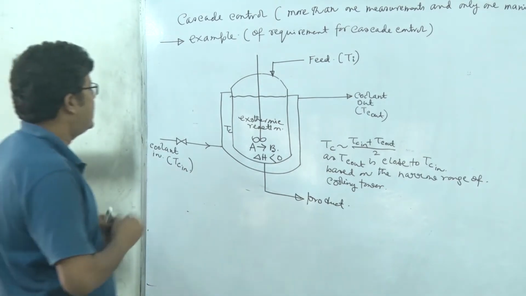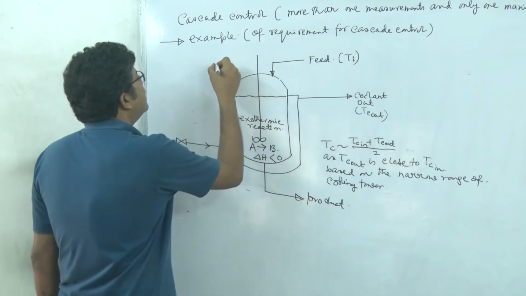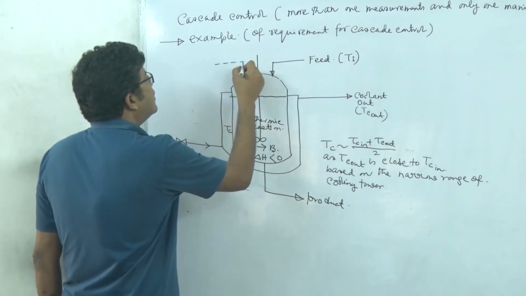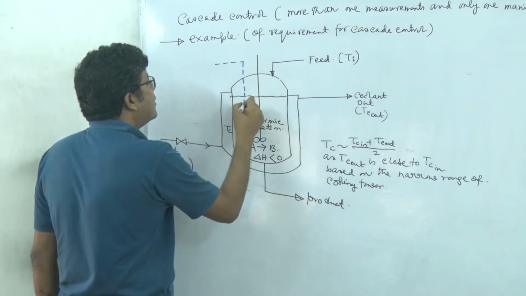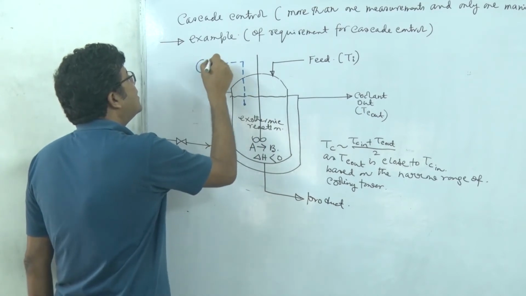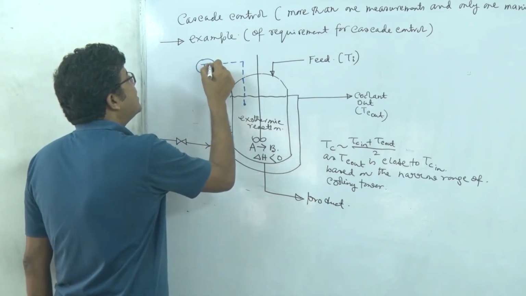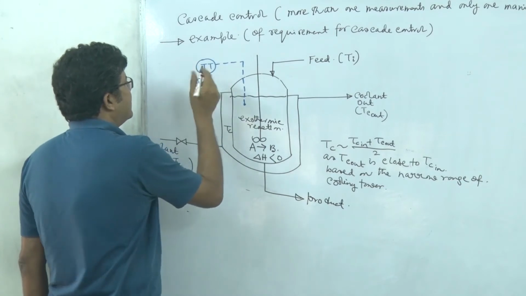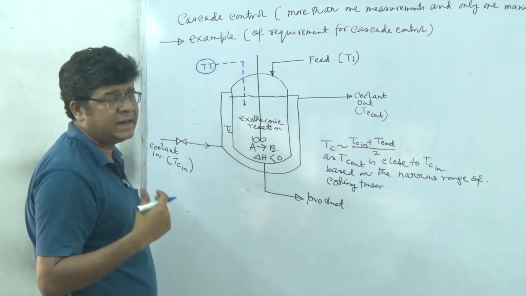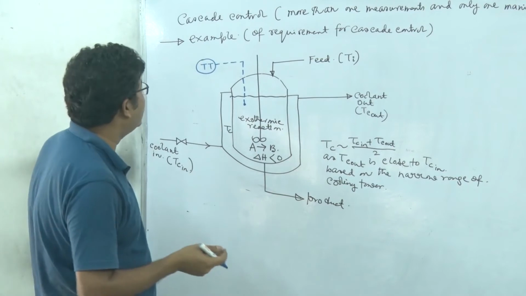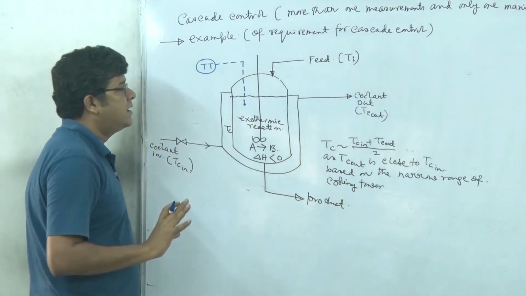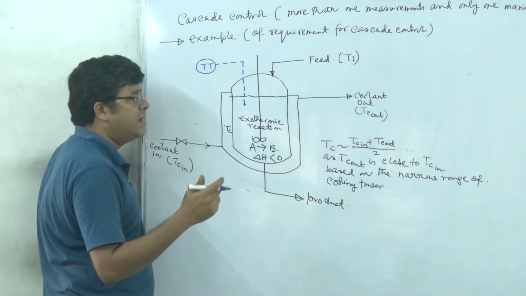So you see that here we will attach a temperature transmitter, it may not be an indicator, right? Because local indication is not at all necessary in a chemical plant. If it is displayed in the control room, then it's all okay.